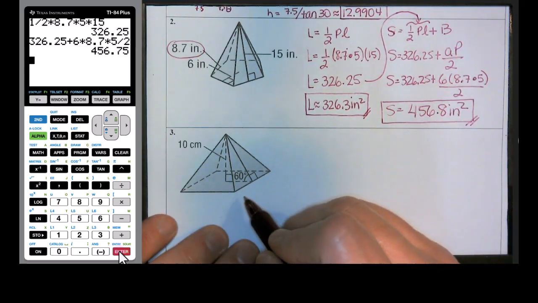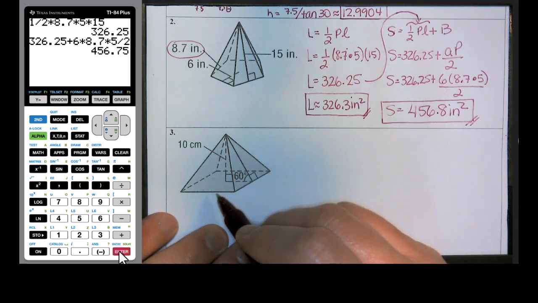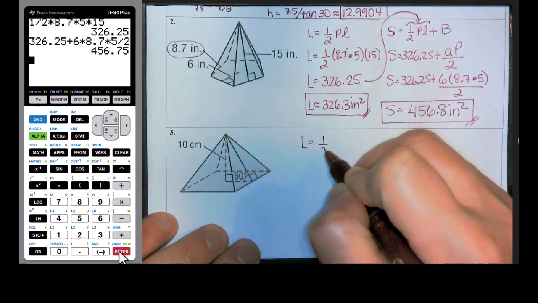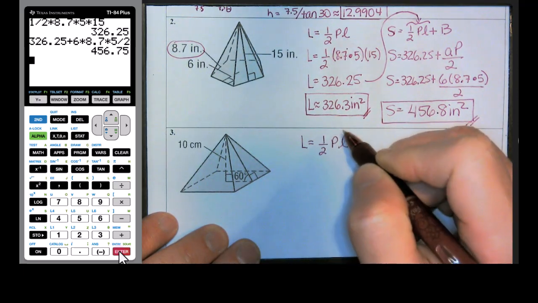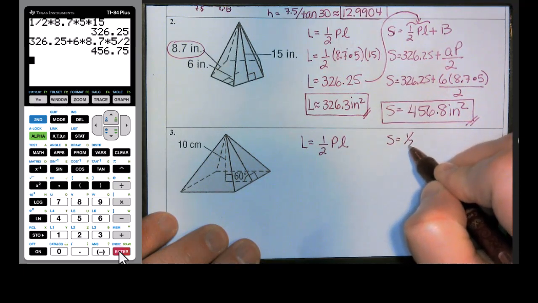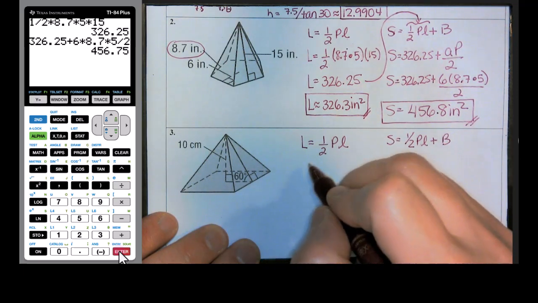The next example, we have a square pyramid. So first thing, I'm going to start with the formulas, which is lateral area equals 1/2 perimeter times slant height, and surface area equals 1/2 perimeter times slant height plus the area of the base.